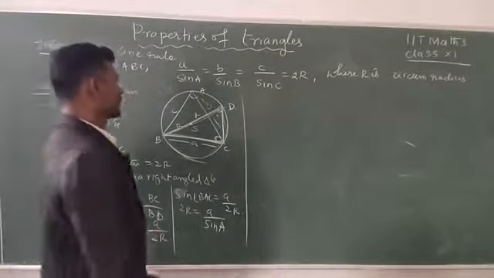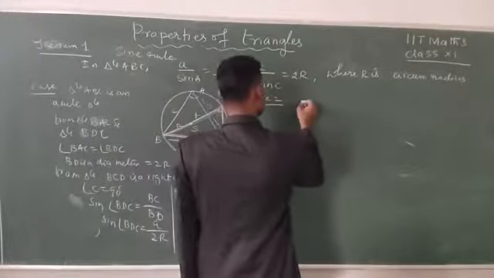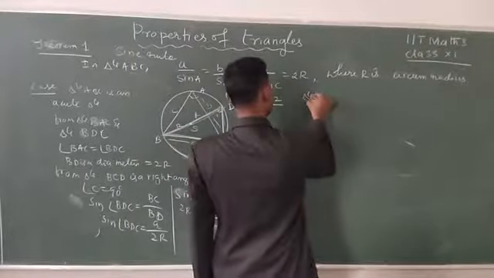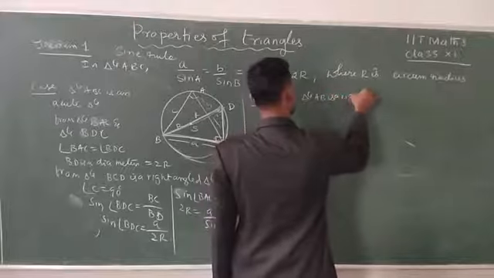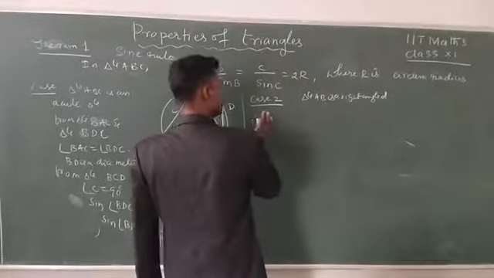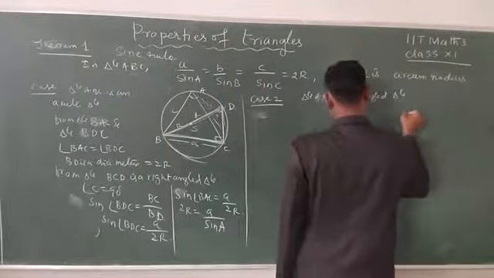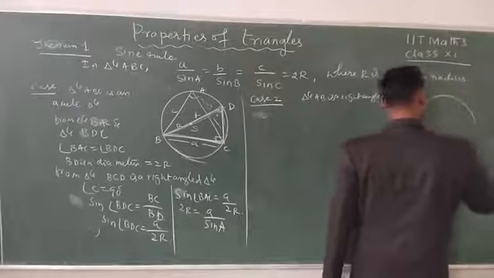Understand? Okay, now you have to take a right angle triangle, case 2. Case 2 means triangle ABC is a right angle triangle. Now I will draw one more figure.